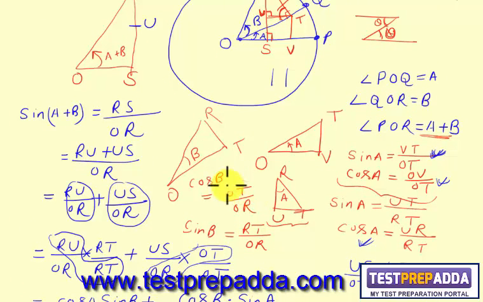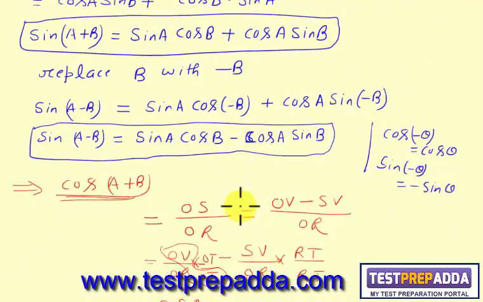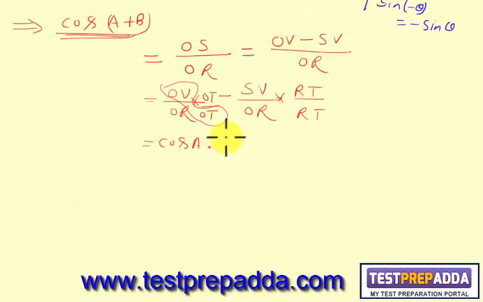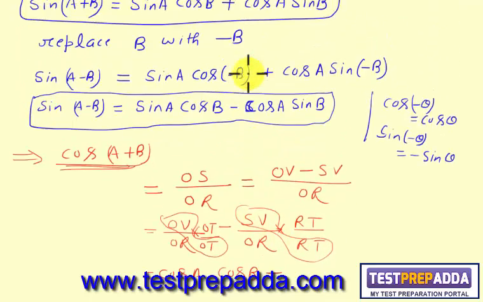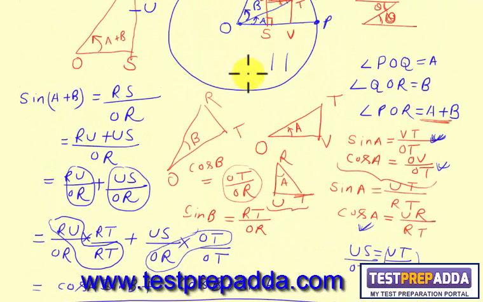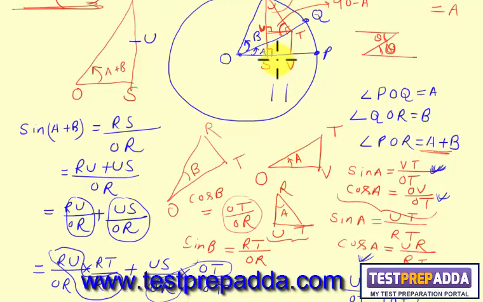You can check, cos B. Now minus, check SV upon RT. SV is actually UT.